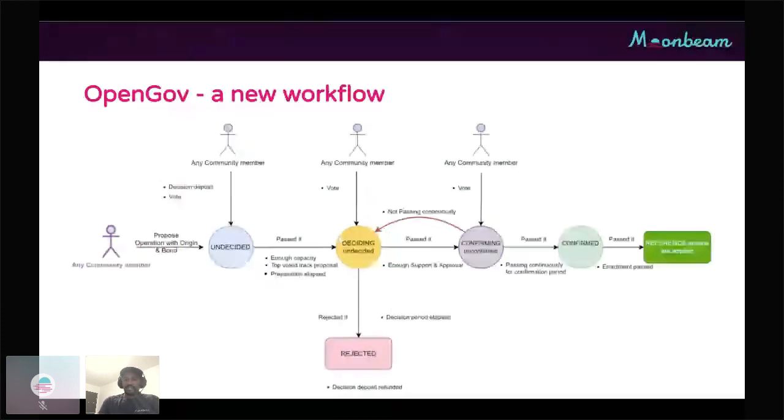So assuming it was able to get enough support and approval, this proposal will go to the confirmed state. It will wait for the enactment period to elapse, and then it will be dispatched or applied on chain. So there is this 4-step process for any proposal to be executed on chain.